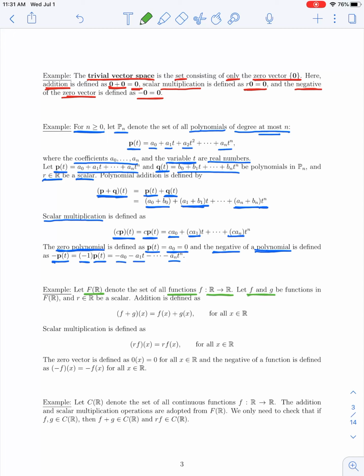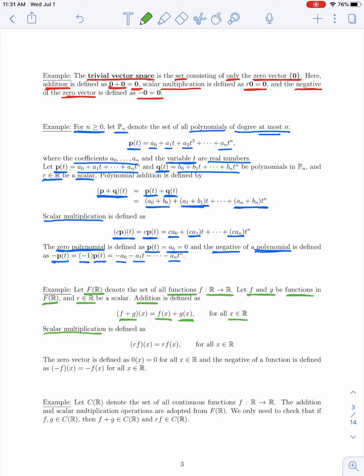So if f and g are functions in F of R, and r is any real valued scalar, then addition of functions is defined as, so the sum of two functions, f and g, would be the function f plus g of x, whose value is given by the sum of f of x and g of x for every x in the real number line.